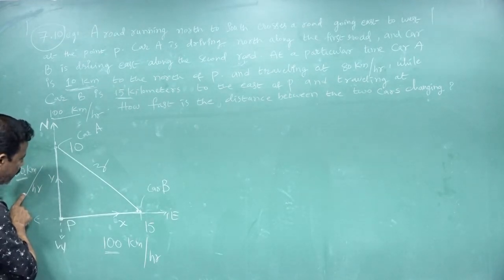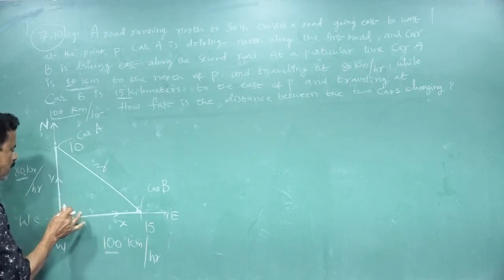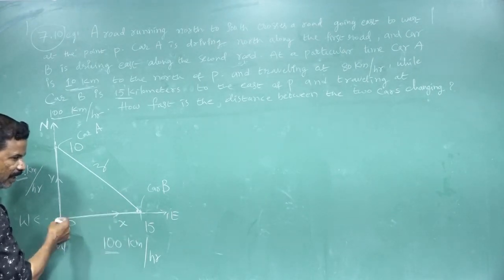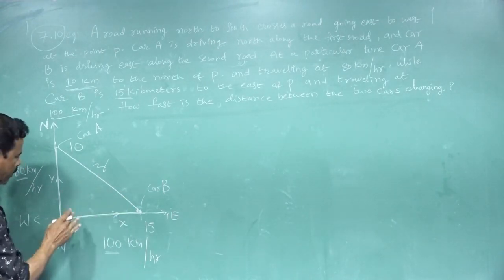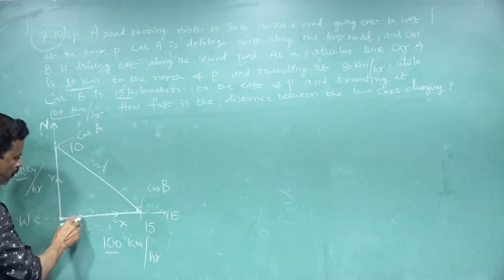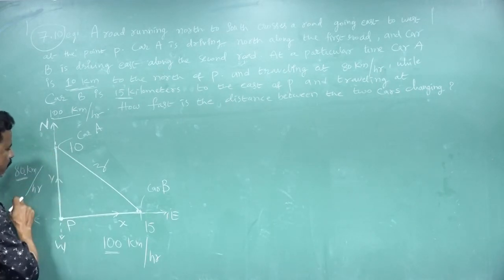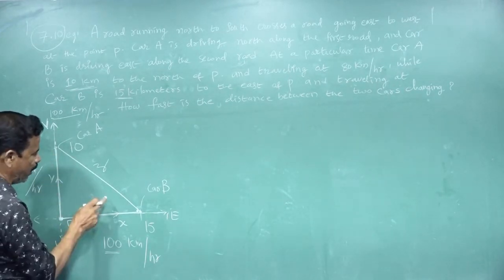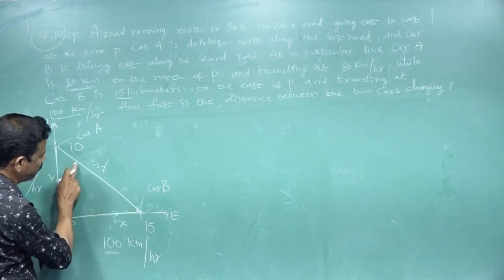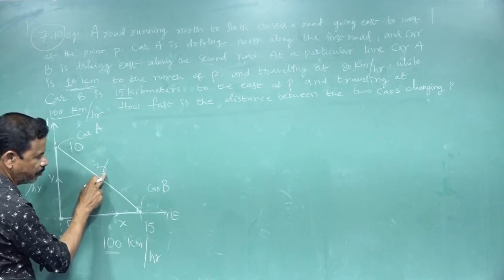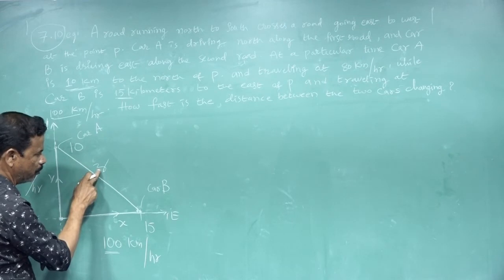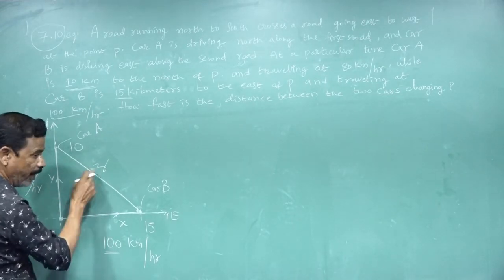Next, take the horizontal line as the X direction, and in the Y direction, Y is taken. So this is X, this is Y. At that time, the distance between car A and car B is taken as Z. Here X is a variable, Y is a variable, Z is a variable. Three variables here.